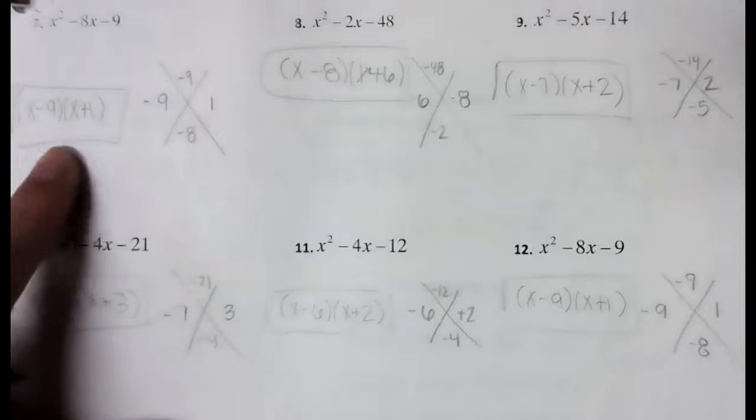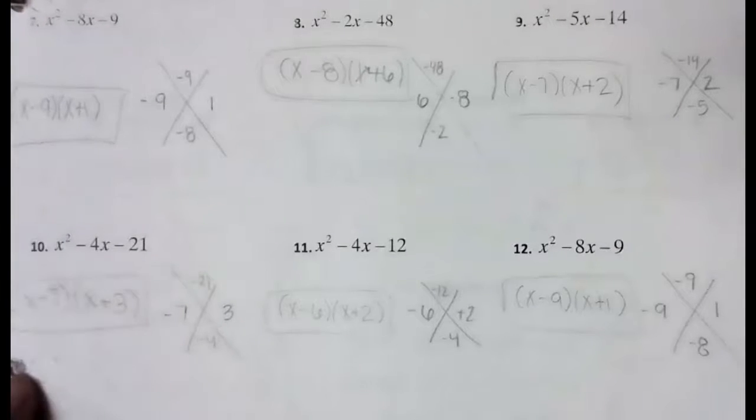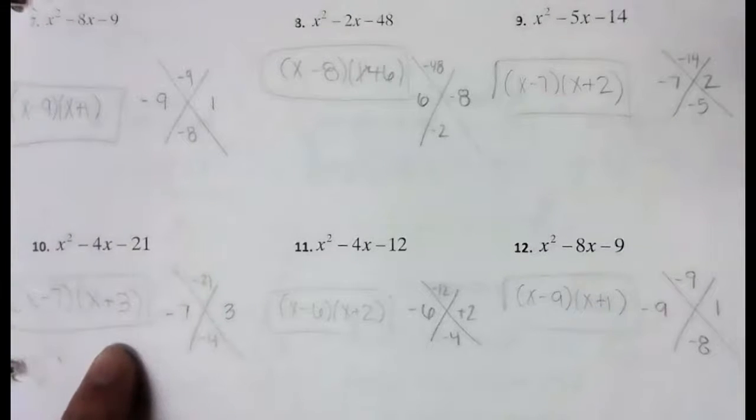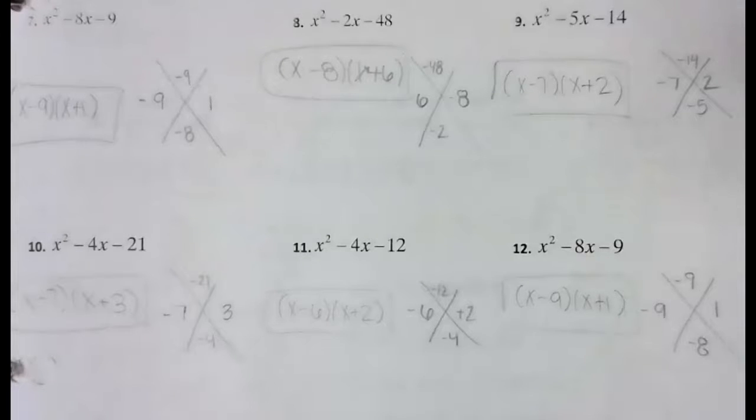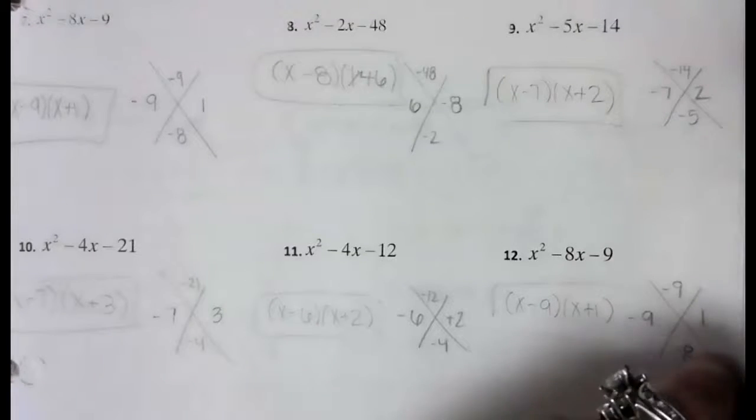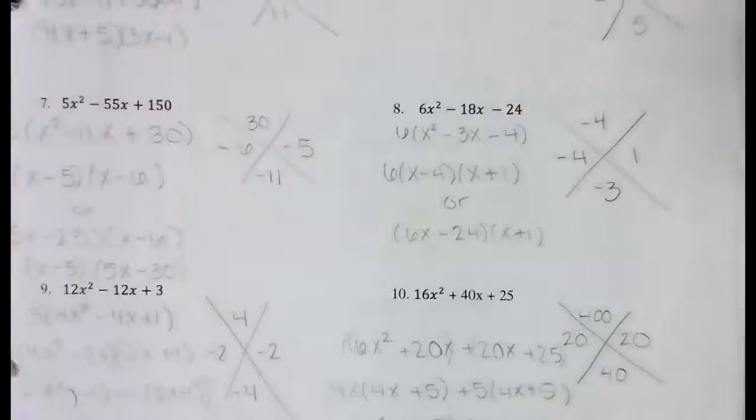Sorry, I know that first 7 is kind of hard to see. It's x minus 9, x plus 1, and that's x minus 7, x plus 3. I'll try not to do them in pencil.